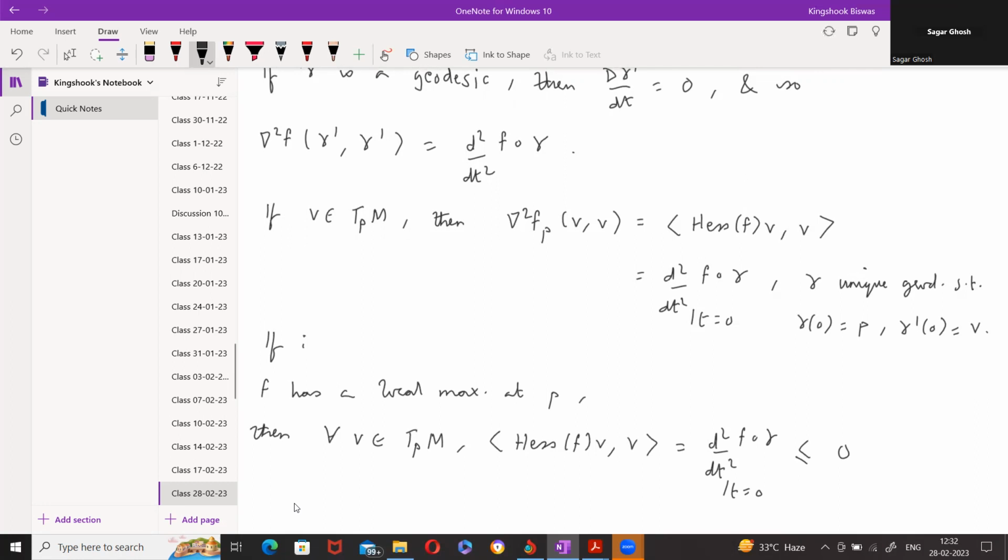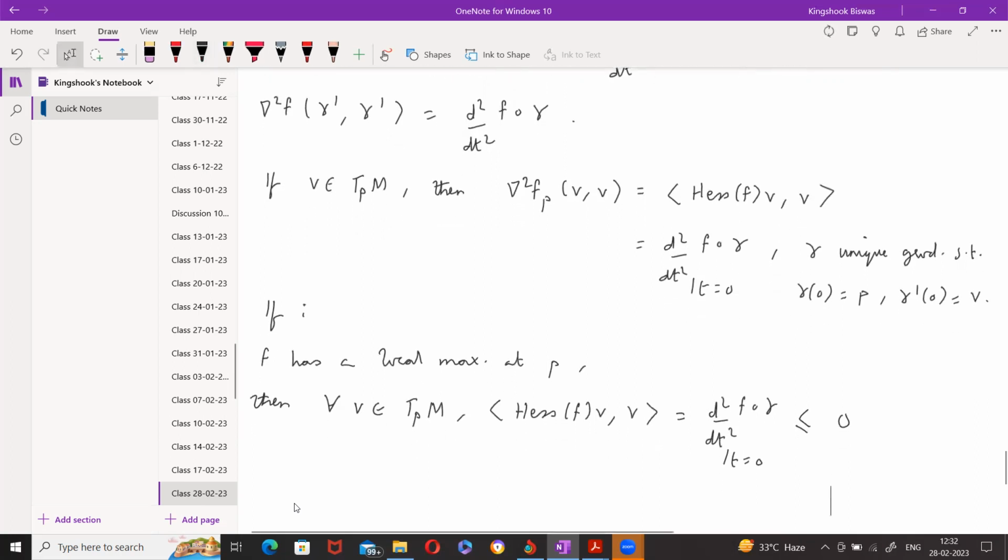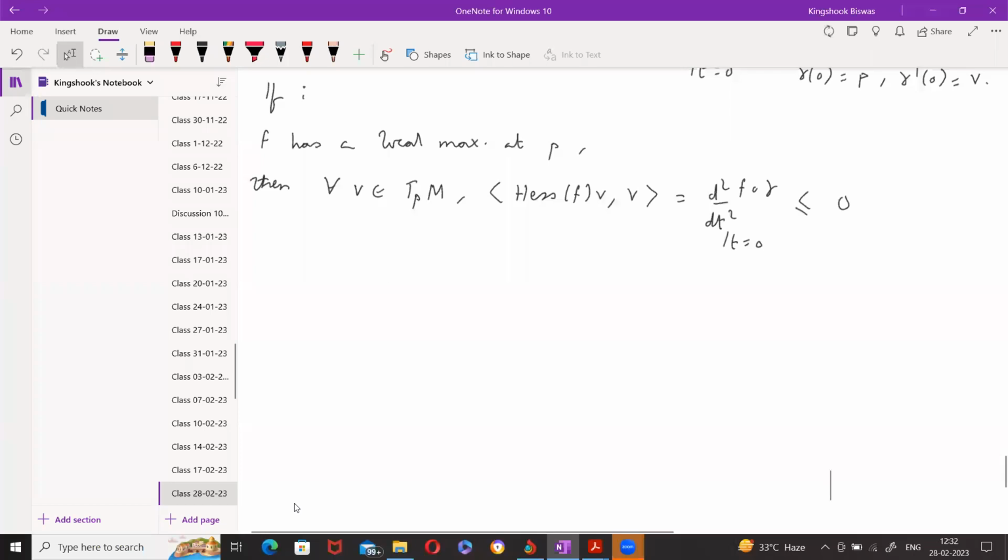This f composed with gamma has a maximum at t equal to 0, so its second derivative is less than or equal to 0, right? Is this clear? So that means that the Hessian, which is a self-adjoint linear map, is negative semi-definite at a local maximum.